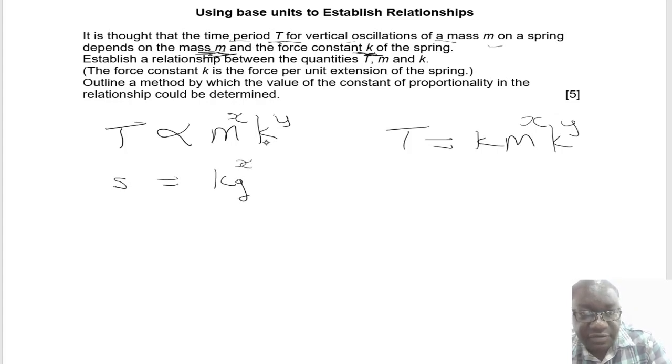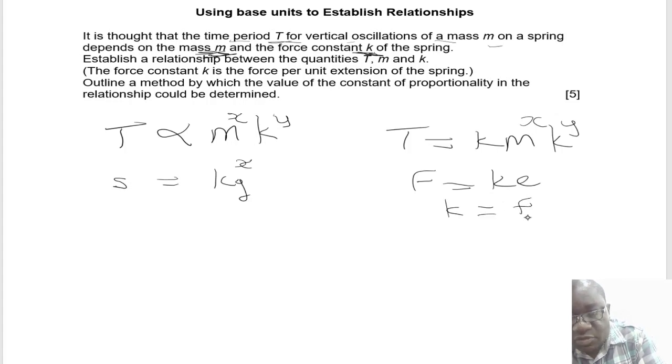And then the force constant, remember from Hooke's law, F is equal to Ke. So this is the K that we're talking about, so it's going to be F over e. F is Newton, so in base units it's going to be kg meters per second squared, over meters, which is going to be equal to kg s to the minus 2, because the m's are going to cancel out.